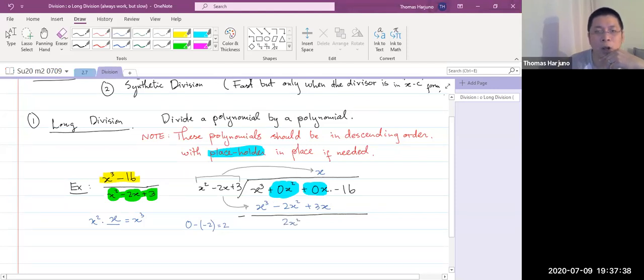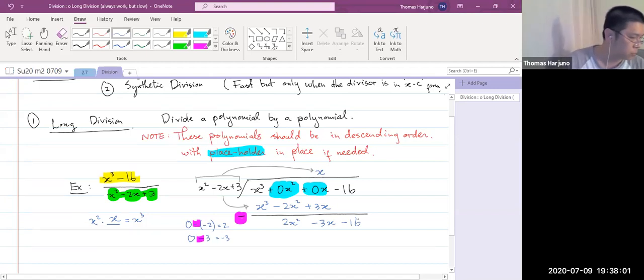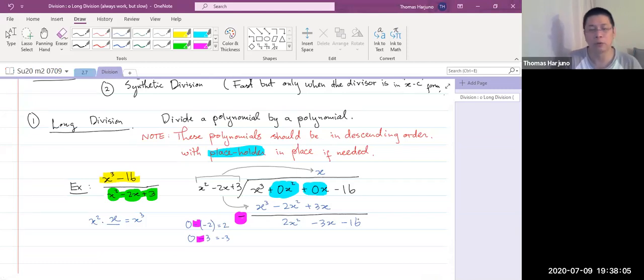And this one here is 0 minus 3, that's negative 3x. We are not adding this. We are subtracting. Keep this in mind. And then the one that has nothing there, I will just copy that down. And I will do the procedure again.